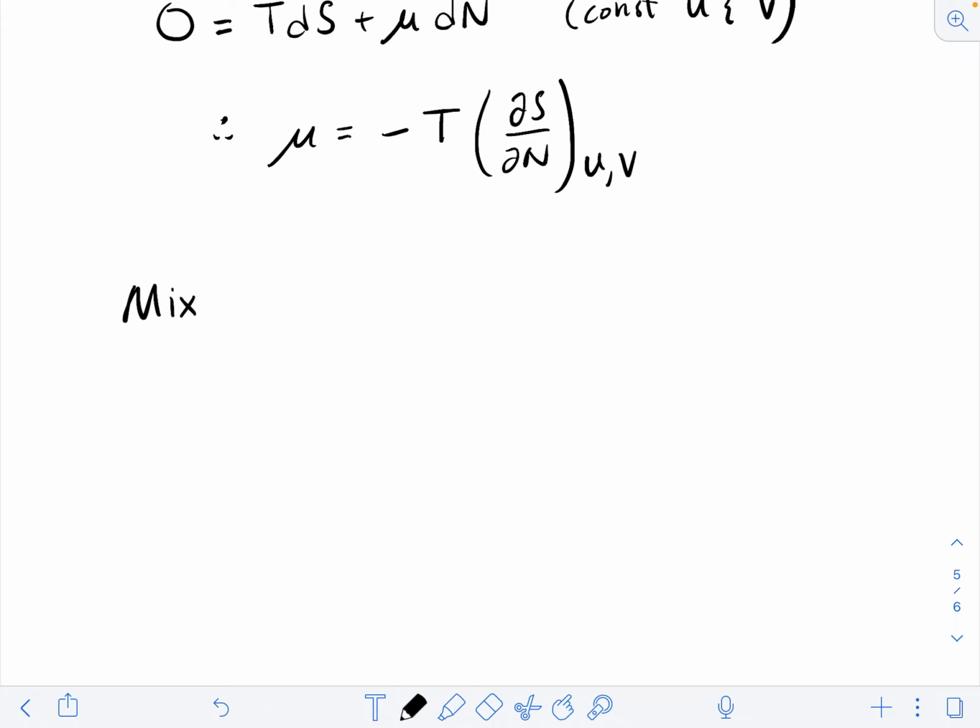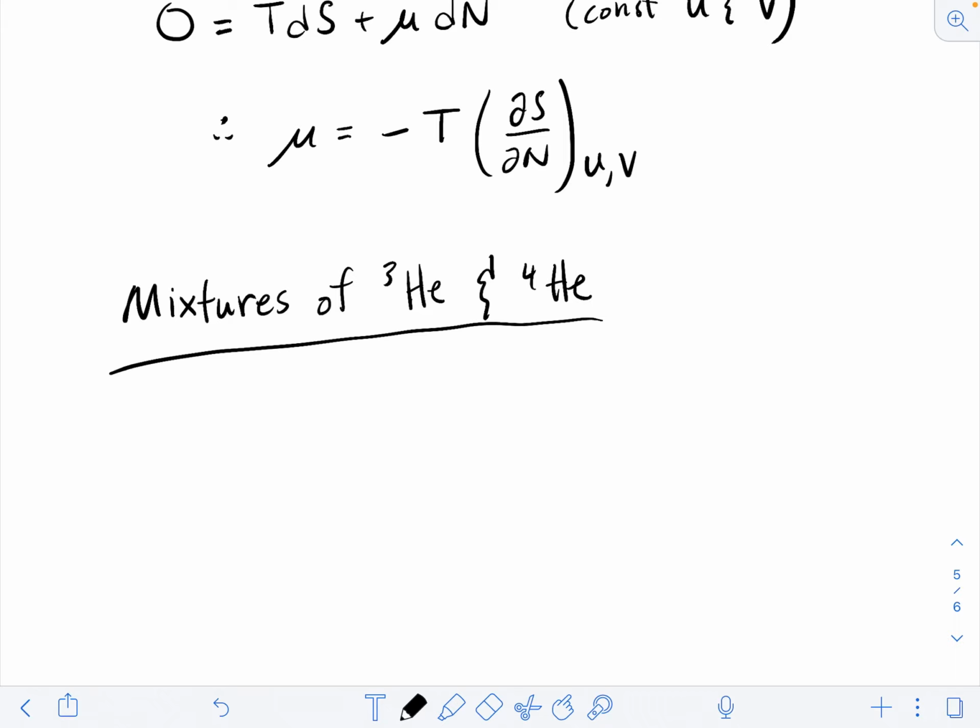So let's see if we can start with some kind of qualitative understanding of mixtures of helium-3 and helium-4. Here's the scenario. We imagine we have two containers.